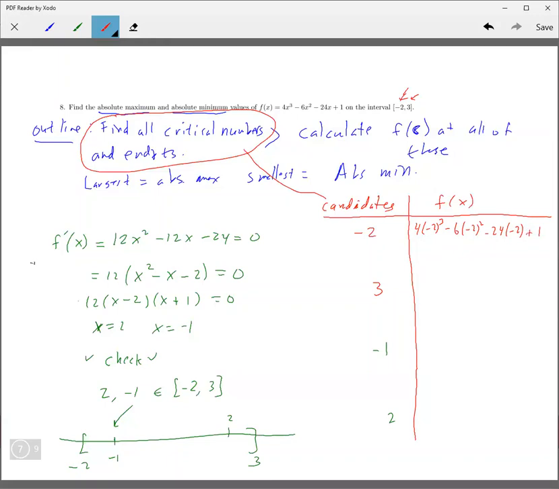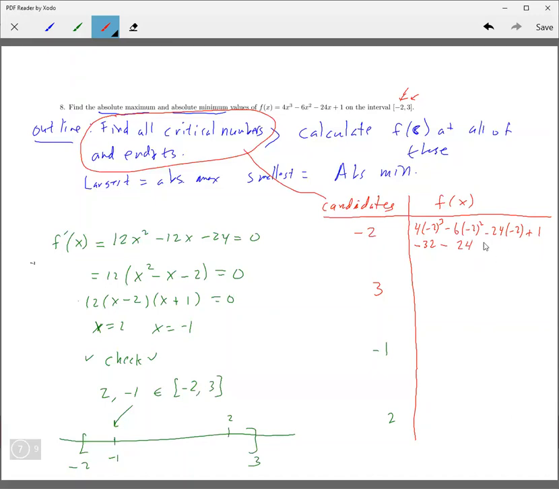Plus 1. So let's say this is -8 times 4. That's -32, plus 4 times 6 is, no, that's also minus -24.